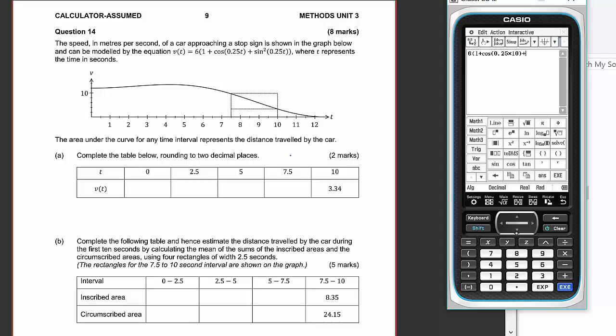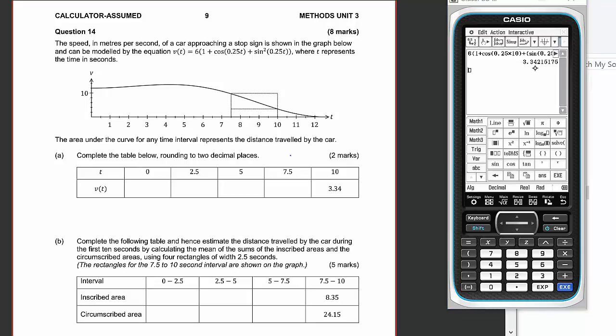Now, in order to do that, I'm going to put a bracket, then we're going to do sine 0.25 multiplied by 10. Close that bracket, close the bracket around the sine, and then square that. Remember what sine squared means. And then we'll close the bracket around that. If I execute, 3.34 is what I get.